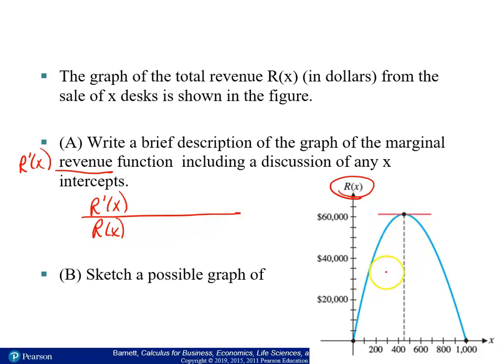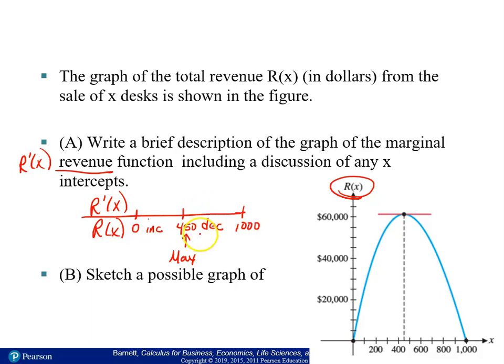Since this is our original function, I see that it's increasing up to about 450, so it's increasing over that interval, and then it decreases from there to 1,000. So we can see that we have a maximum here.